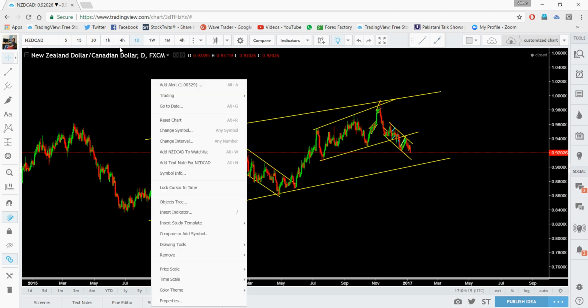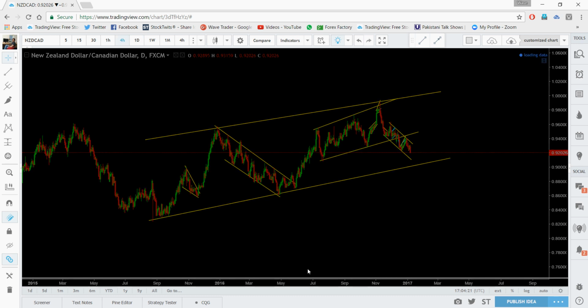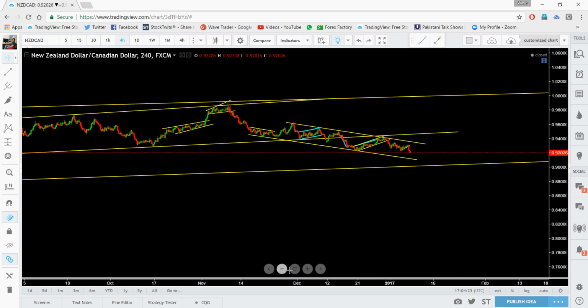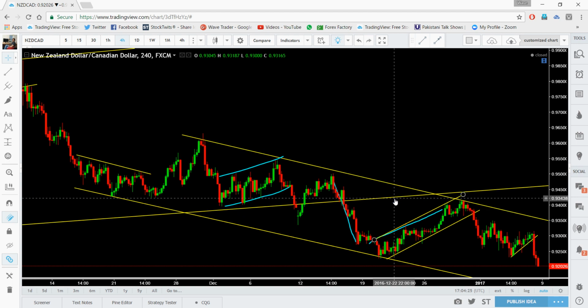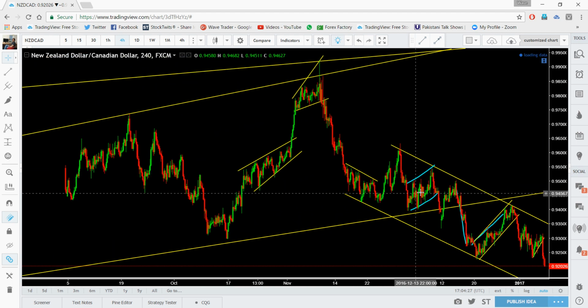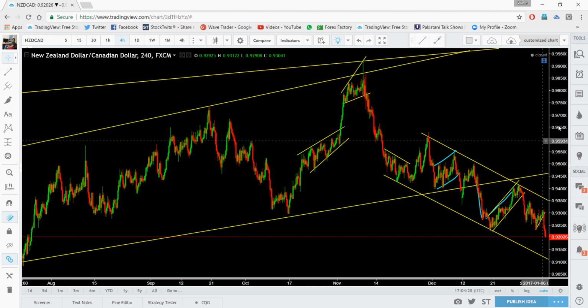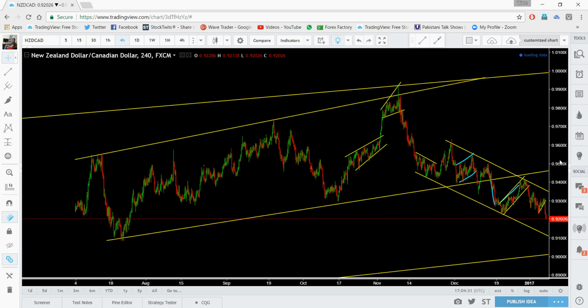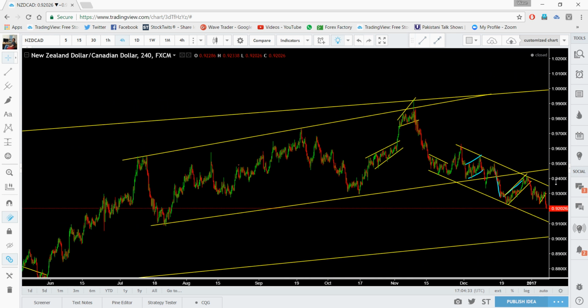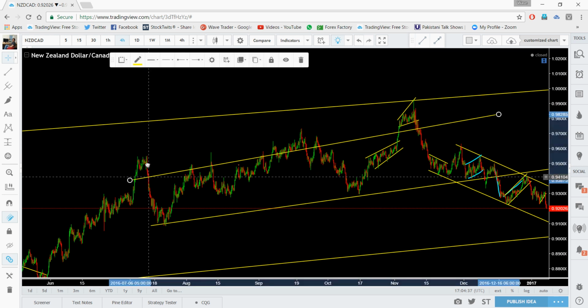If we look at the lower time frame like 4 hour, then we can see price was running within the channel. The channel was this.